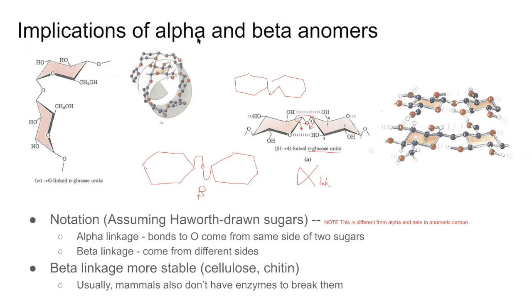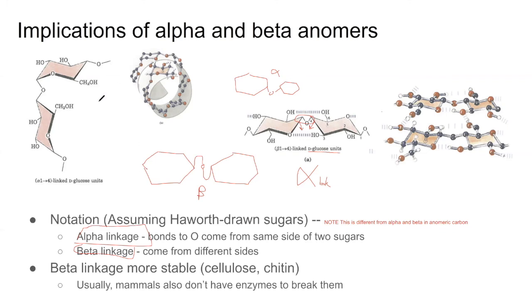Oops, I'm bad at drawing. Let's see here, like that. So on the same side, alpha linkage. So make sure you differentiate this between alpha and beta in the anomeric carbon. Those are different. Alpha linkage in terms of polysaccharide refers to this.